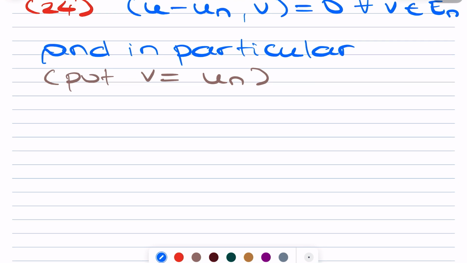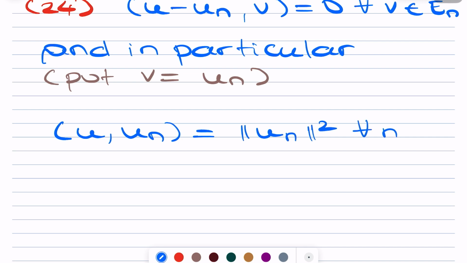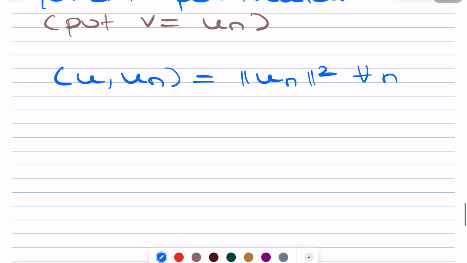We get that the scalar product of u comma un is equal to the norm of un squared, and this holds for every n. Now, you should take the summation.